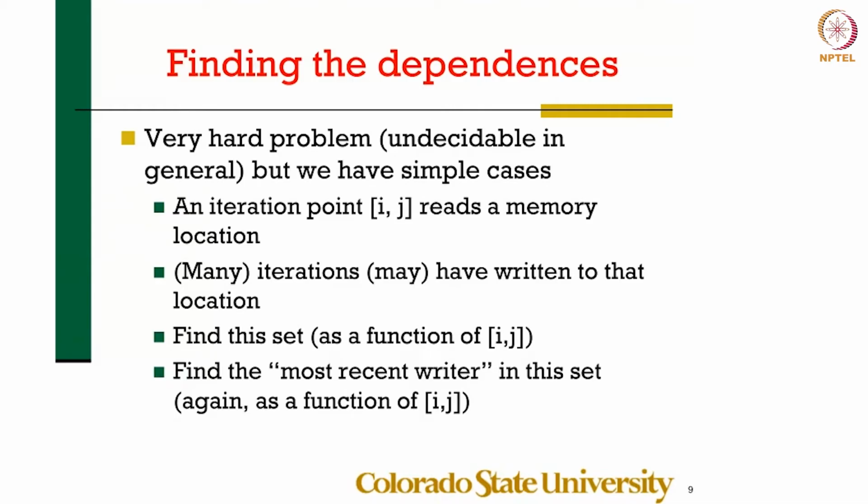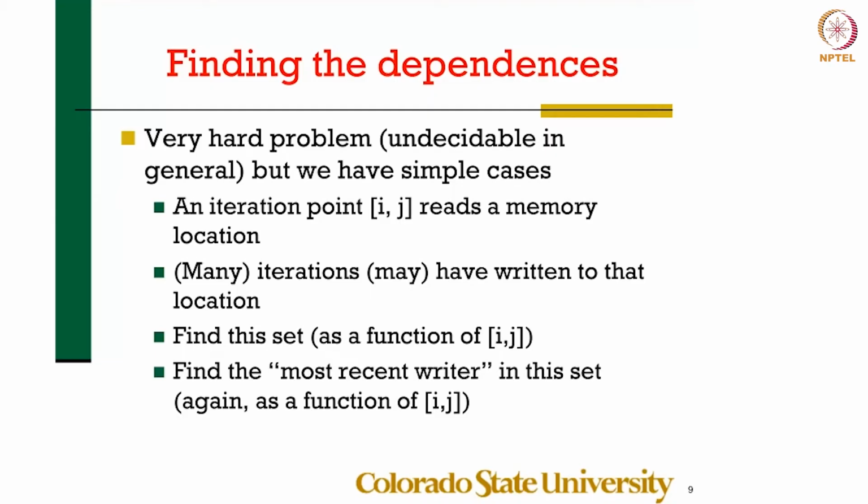It is a mapping between iterations. Do you understand that? In general, if the example were more complicated, the answer that you would get is some sort of function of ij. In fact, even now, with this simple example, it is a piecewise function. If j equals 0, it has a certain value. If j is strictly greater than 0, it has a different value.